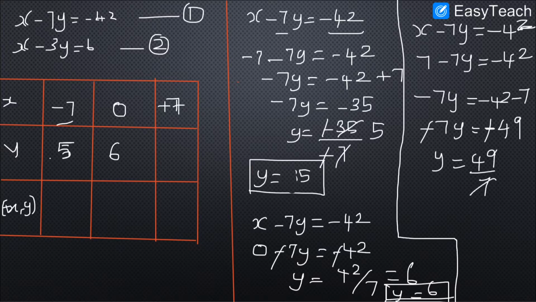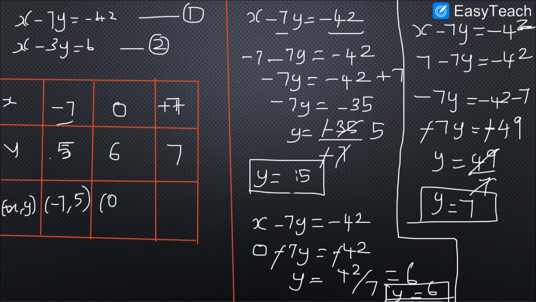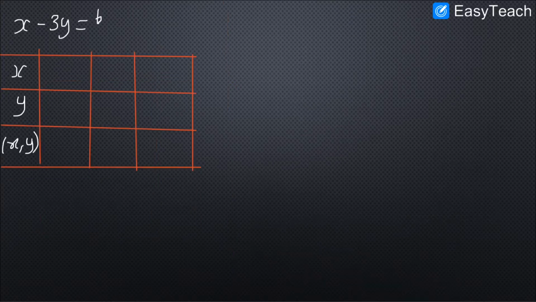So y equals 49 by 7, and I got 7. Let's write the vertices, the combinations of x and y: minus 7, 5; 0, 6; and 7, 7. These are our vertices for equation 1.